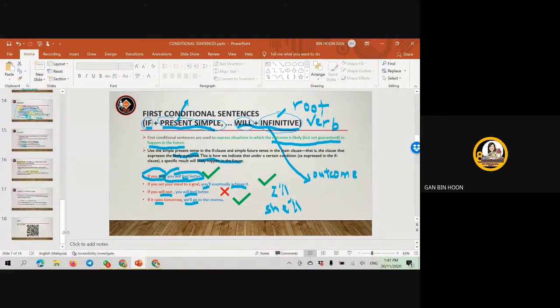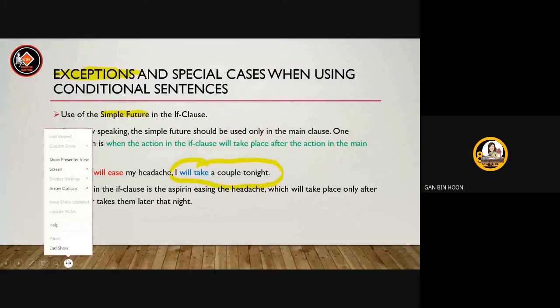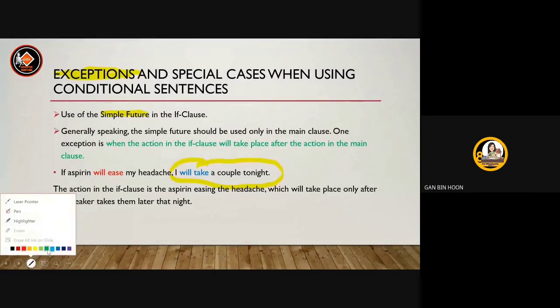So this one actually should be, okay, kalau yang sebenarnya lah, dia akan jadi if aspirin present, teacher. Yes, present. Present adalah if aspirin eases my headache. Eases mengurangkan. Kalau aspirin mengurangkan pening saya, I will take. This one is correct. Ini betul. Tapi ini salah.